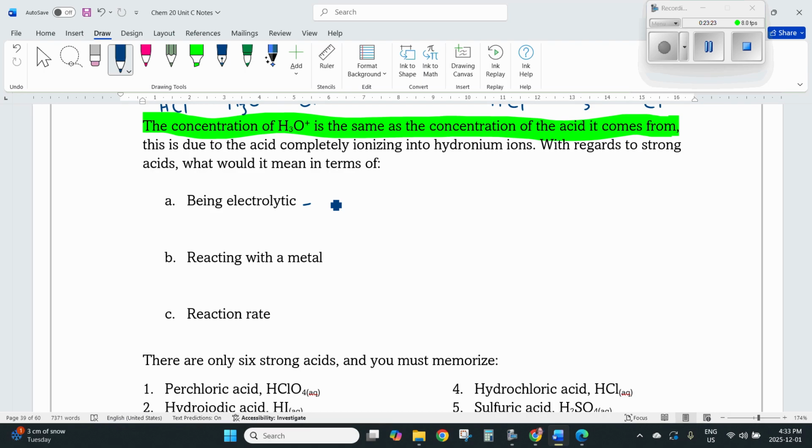You have ions available to carry the charge. So if you have more ions, it means you have a higher ability to conduct electricity. This means more ions available equals stronger conductivity.